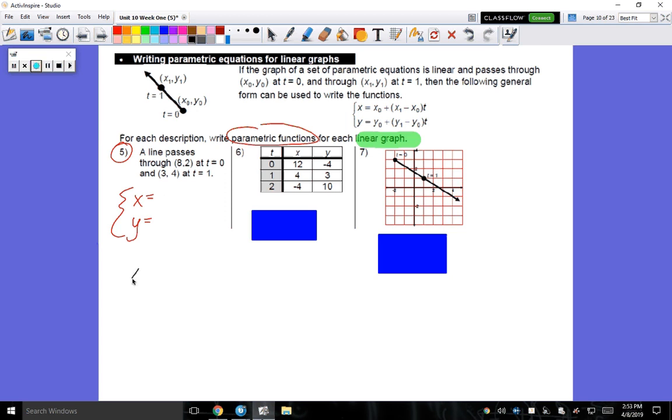At time 0, the x is 8 and the y is 2. Close. You're close on one of them. Let me show one more time. At time 1, x is 3, y is 4.